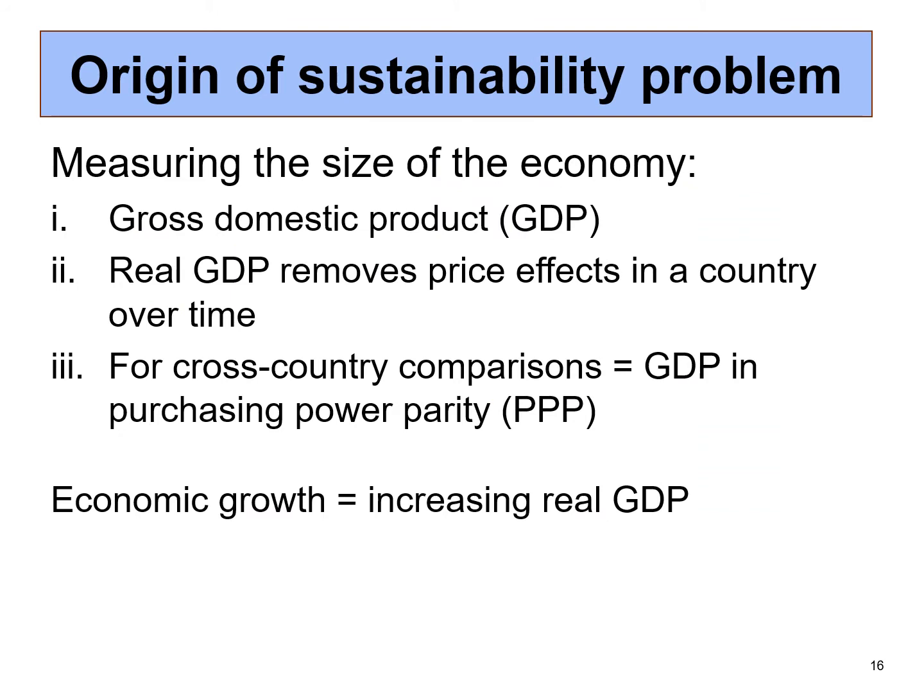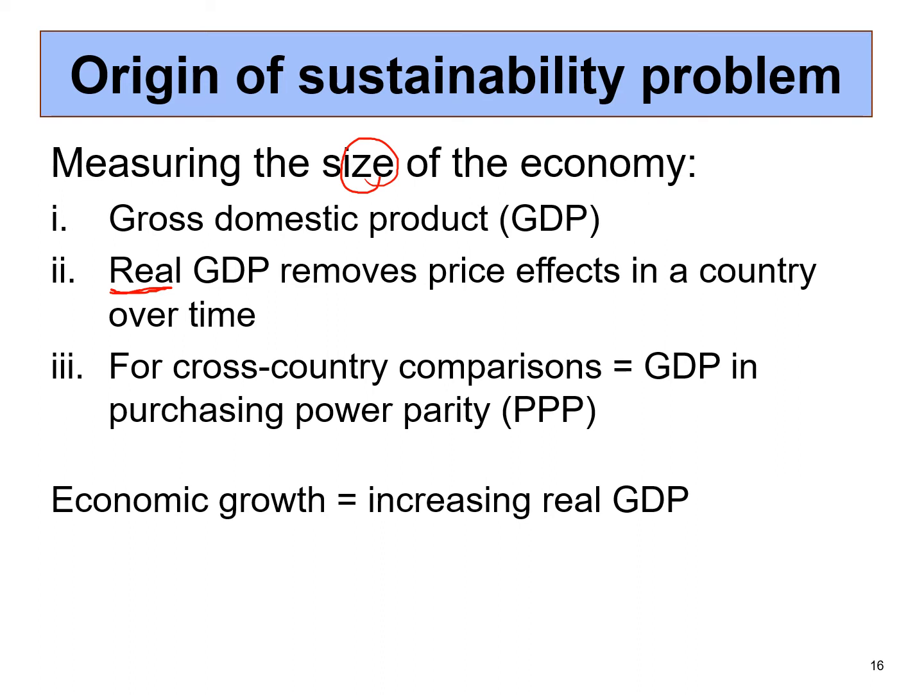Before we explain the origins of sustainability problems, we will talk about how we measure the performance of an economy, or the size of the economy. Normally people will use GDP, or gross domestic product, but many studies prefer real GDP instead of nominal GDP, because when we use real GDP, we can remove the price effects in a country over time.